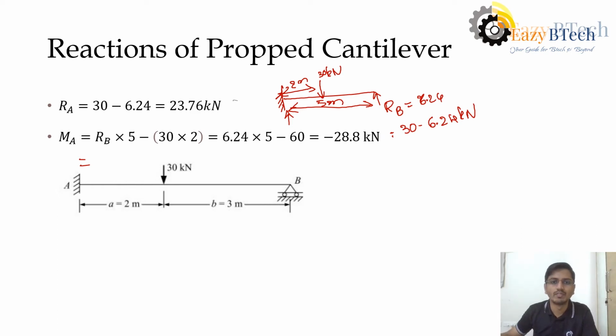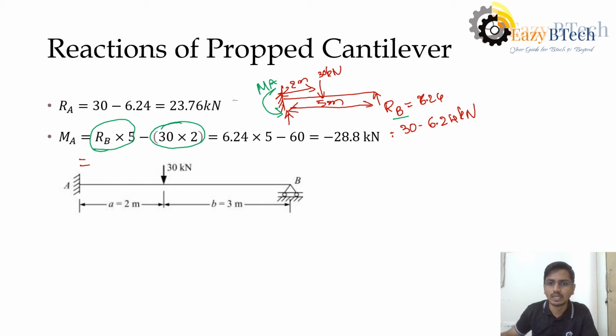We need to find out the moment here. Moment is nothing but load into distance. We'll start from right to left. RB is acting at a distance of 5, so this is RB into 5. Then 30 is acting at a distance of 2, that is 30 into 2.